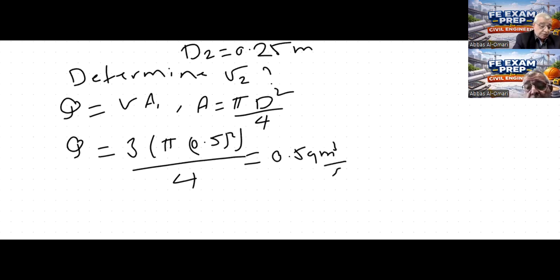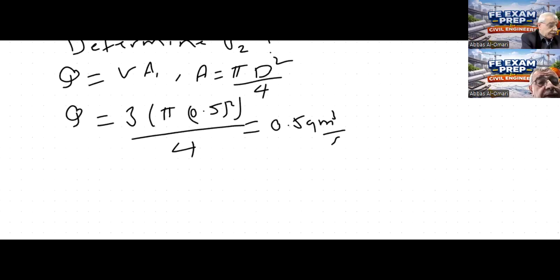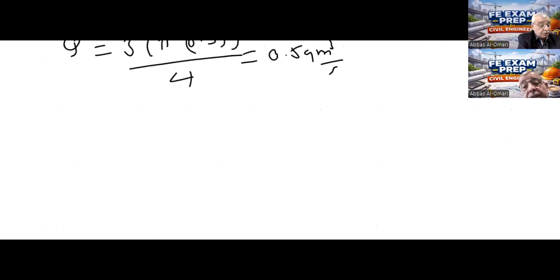Now the flow in the pipe didn't change by the continuity. Flow is the same. So now we can determine the velocity in the second cross section, when the pipe diameter is reduced. So V2 equals Q divided by A2.